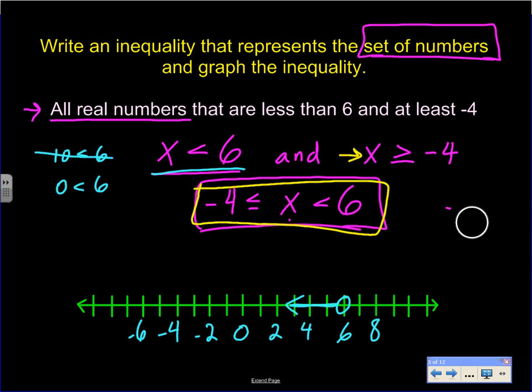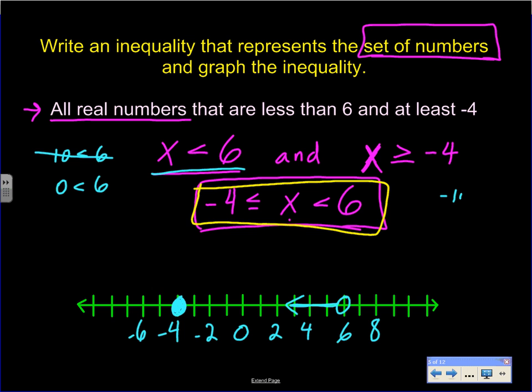On the right side here, we have x is greater than or equal to negative 4. Open or closed circle? Yep, closed circle, because it has the equal to sign with it. That's why it's closed. Now let's pick a test point. Pick a point on the left.